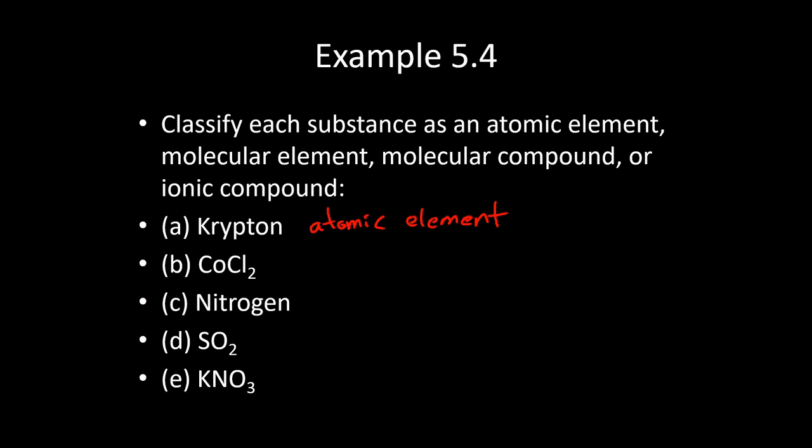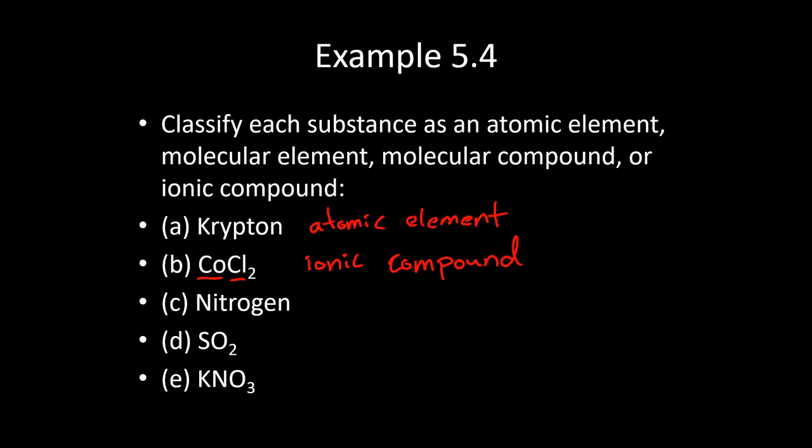COCl2, this is obviously a compound because we have more than one element present. Cobalt is a metal. Chlorine is a nonmetal. So this is an ionic compound. Remember, metals and nonmetals, that's what makes an ionic compound.